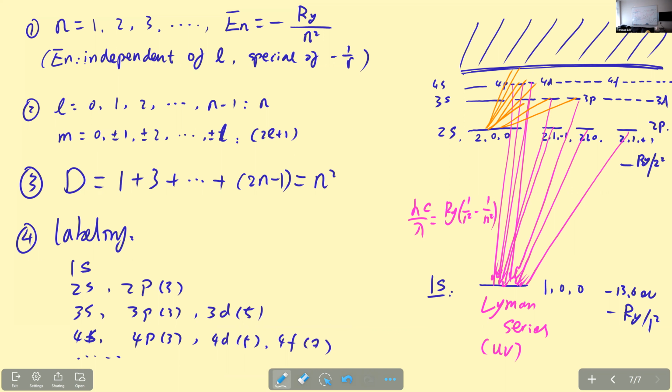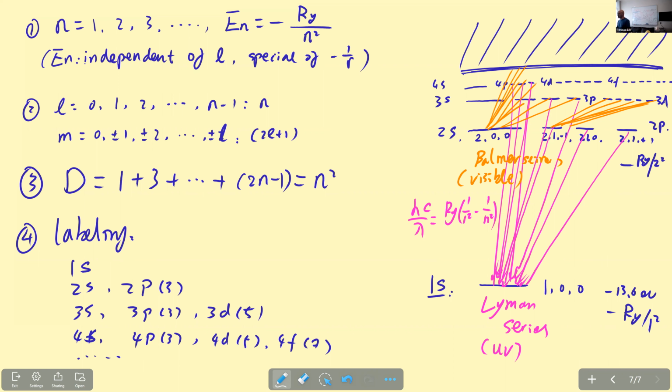So these states are called, this is just the one that was first discovered, the Balmer series. The Balmer series, of course, is visible. So that's why it was first observed, okay.